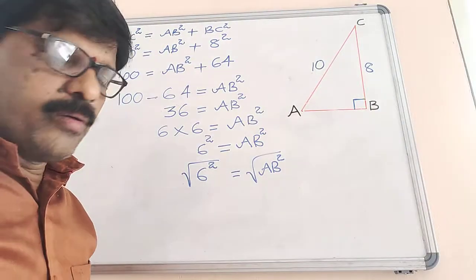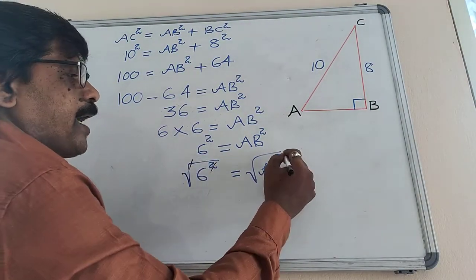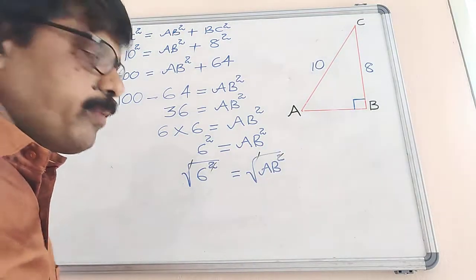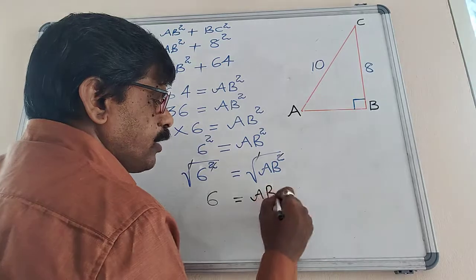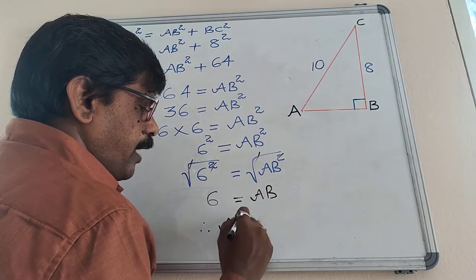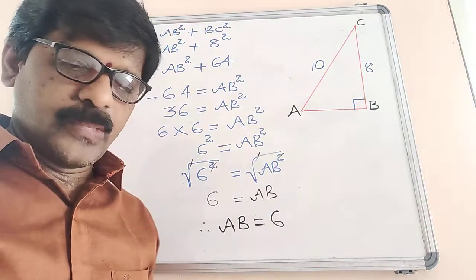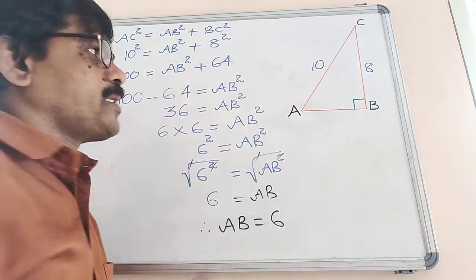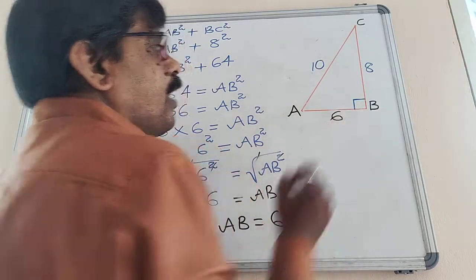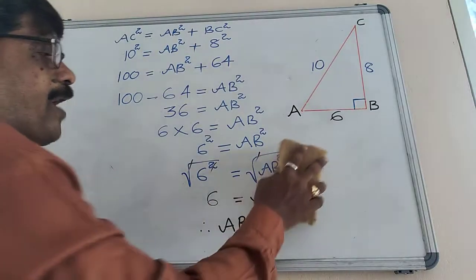Now the square is cancelled, so 6 equals AB. Therefore AB equals 6. Now we can write the value of AB is 6. Okay? Now we have to find the trigonometric values.